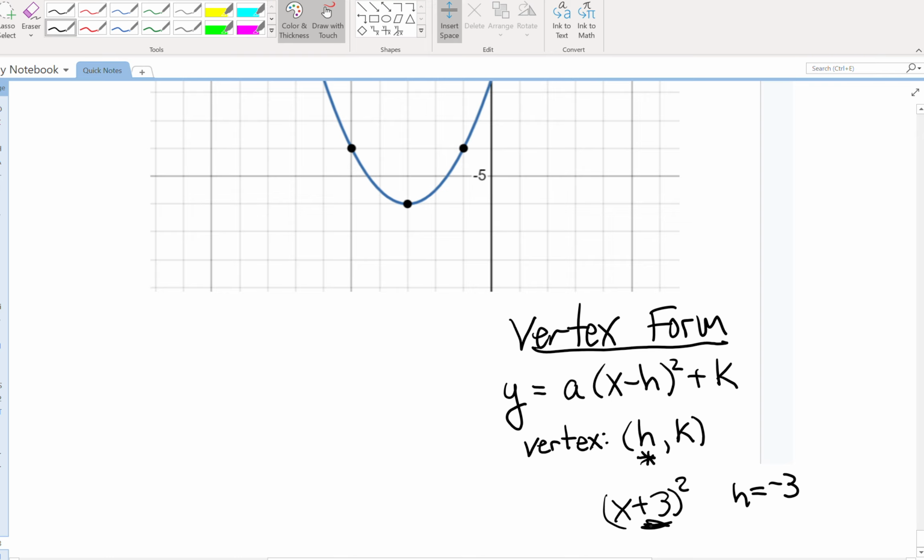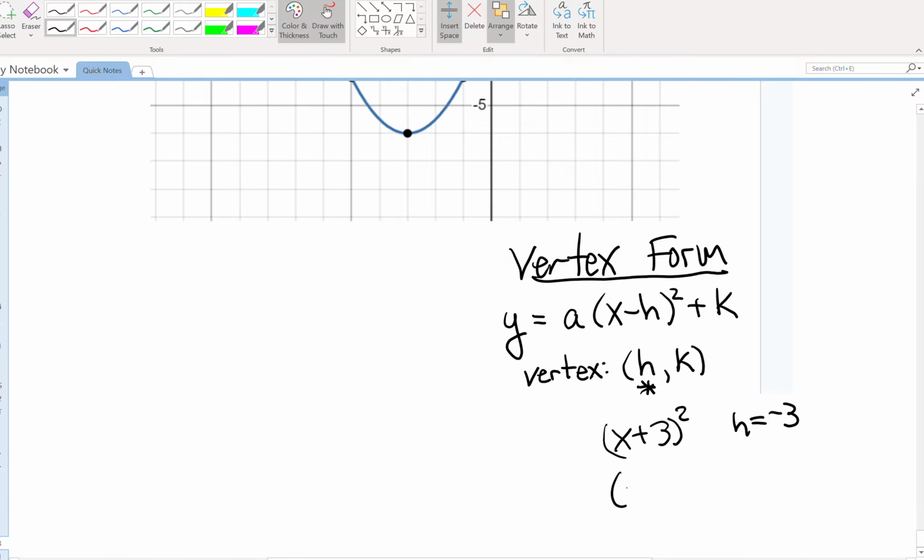We want to say plus 3 because of the x plus 3, but it's counter to that. If I had (x minus 7) squared, then h is equal to 7. We want to say negative 7 because we see that negative, but it's not. It's the opposite. So that's what this little asterisk means.